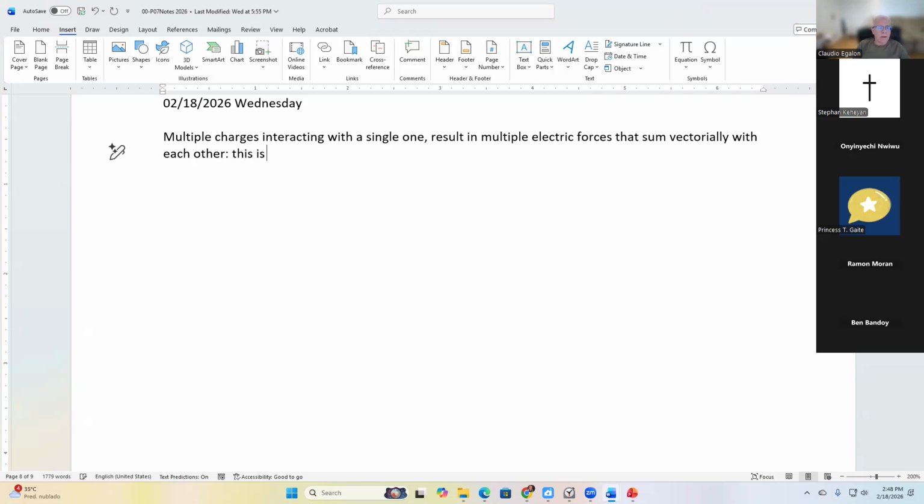This is the same principle we saw in mechanics, in physics 6.